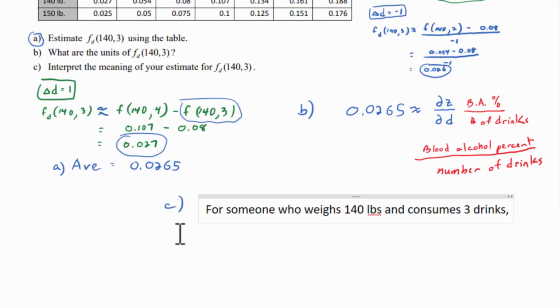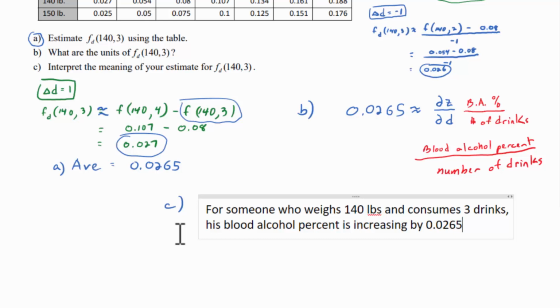Okay, so his or her, let's say it's a him, his blood alcohol percent is increasing by 0.0265%.